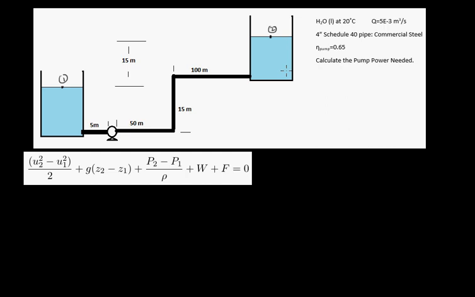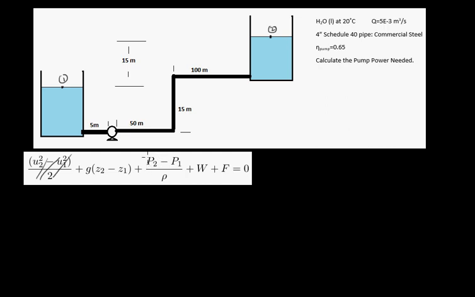So the first thing that we can do is cancel off the kinetic energy term here. We're not going to have any kinetic energy effects just because the diameter of these tanks is so much greater than the diameter of the water pipe. We're going to have potential energy.